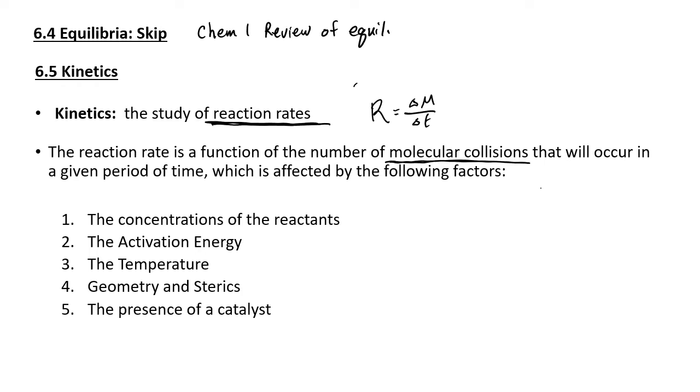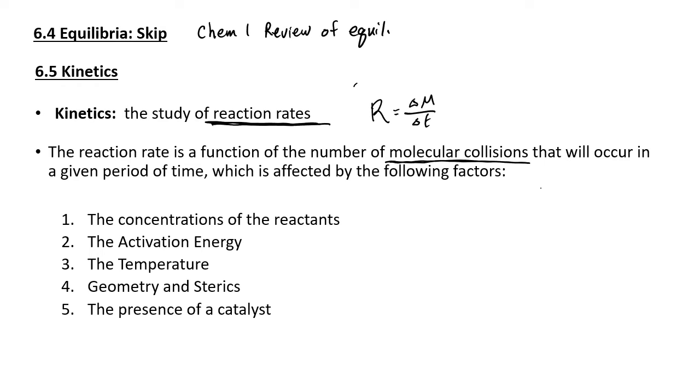The more collisions that you have, the more successful collisions you have, the faster the reactants will be converted into products. So the number of successful collisions is dependent upon several factors. One, the concentration of reactants. The more stuff you have colliding, the greater the possibility of a successful collision.